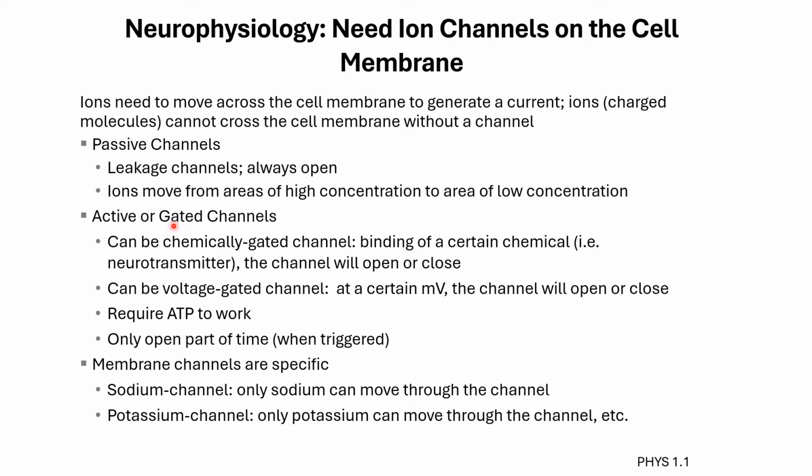Since these are gated channels, they're not open all the time, so nothing can leak through. They're only open when they are triggered. And the trigger, again, can be a chemical or it can be voltage gated. And when the trigger ends and the signal is taken away, the gate closes again. So there's a lot of control over gated channels.